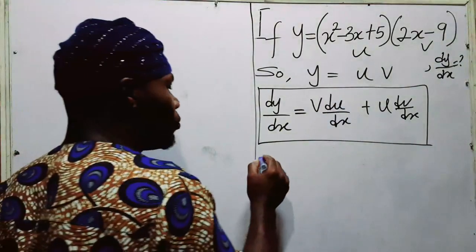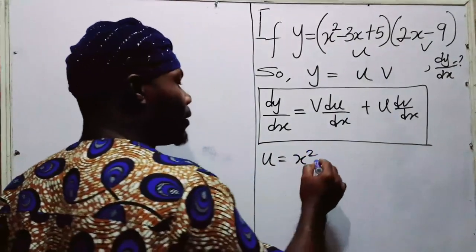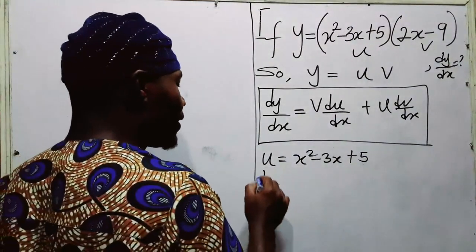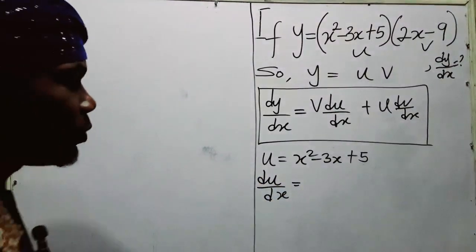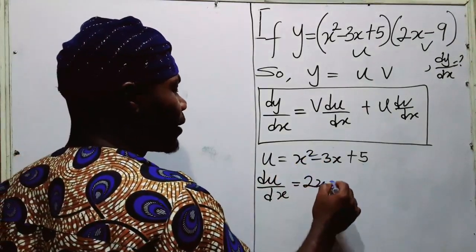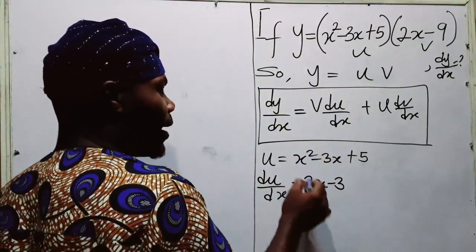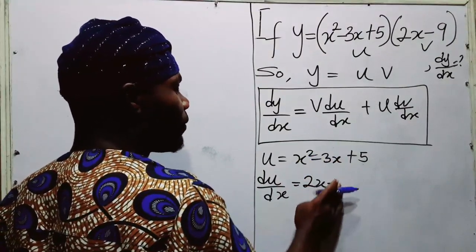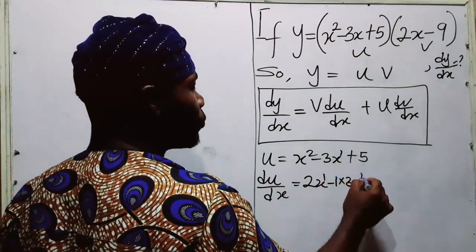The u is x squared minus 3x plus 5, so you differentiate u with respect to x. According to the formula, we have 2x minus 3, because the 2 will multiply x and you subtract 1 from the power to give you 1.